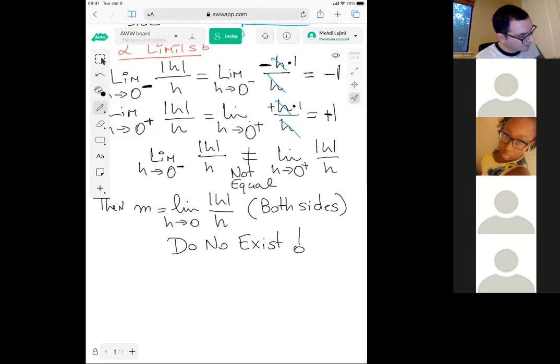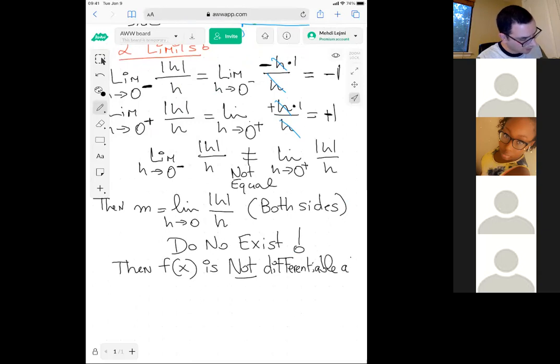So f of x is not differentiable at 0, and f prime of 0, the derivative of f at 0, does not exist. This is supposed to be equal to m, right? f prime of 0, that's my m. So this number does not exist.